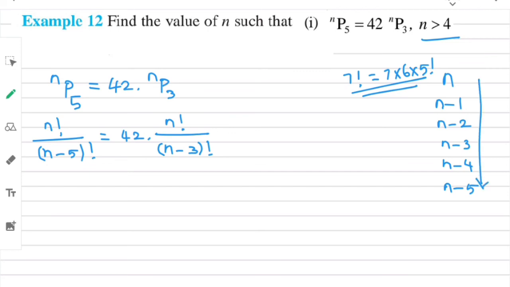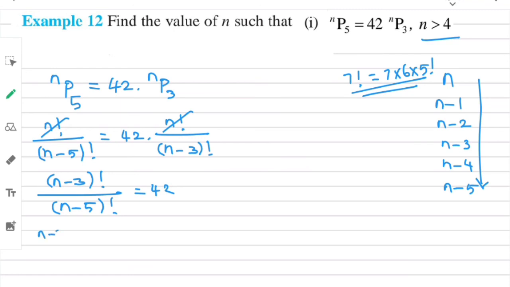Now this n factorial and this n factorial will get cancelled. (n minus 3) factorial, I am going to shift it to the left-hand side. So what will happen? (n minus 3) factorial by (n minus 5) factorial is equal to 42. Now which one am I going to expand? n minus 3, because n minus 3 is greater than n minus 5.